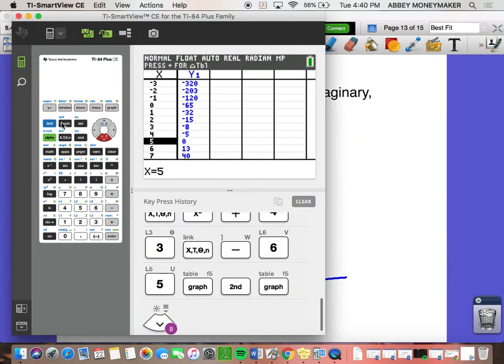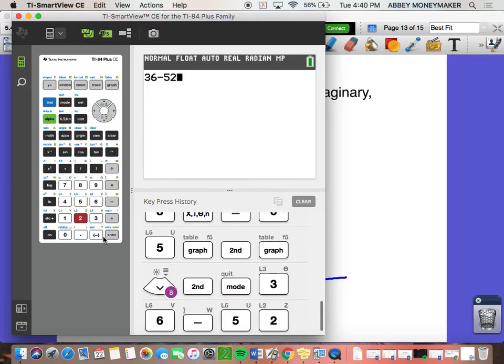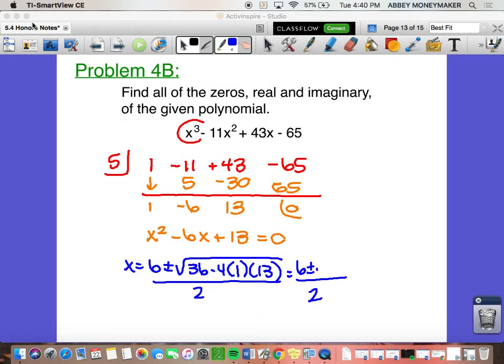Let's go to the calculator. 36 minus 52 is negative 16. Perfect. So that's the square root of negative 16. That would simplify to 6 plus or minus 4i, and everything is divided by 2. So our 2 final imaginary solutions are 3 plus and minus 2i.